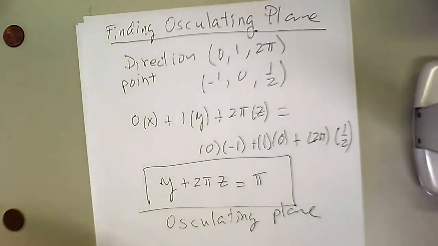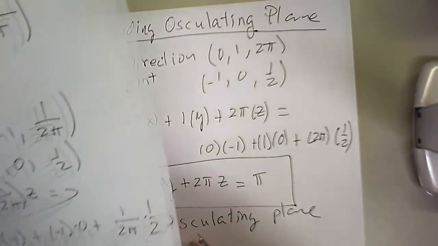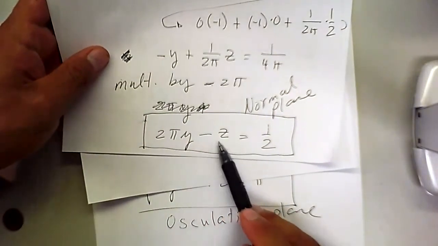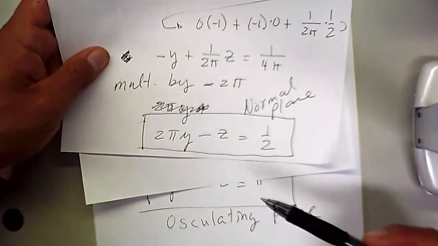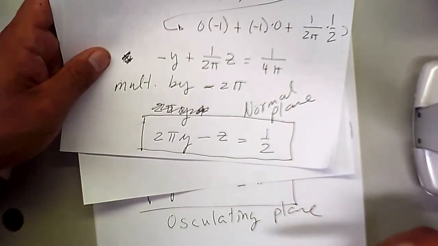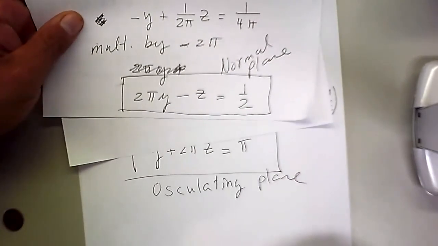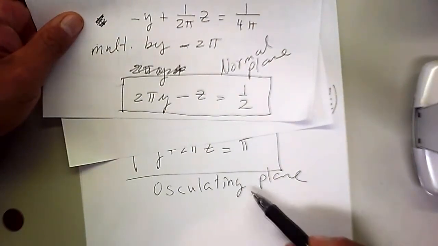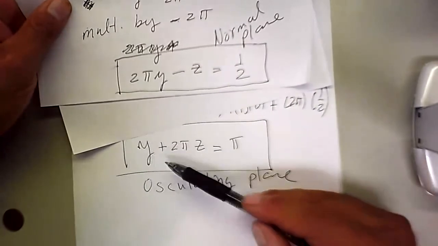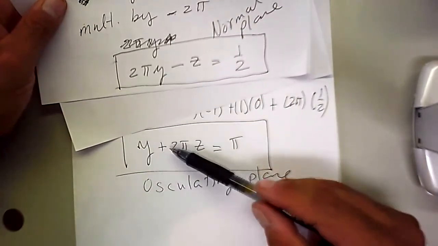To the curve. Let me just check something real quick. So we got the normal plane was 2 pi y minus z, so no x. That means we have a y and z relationship. And here we don't have an x relationship either.